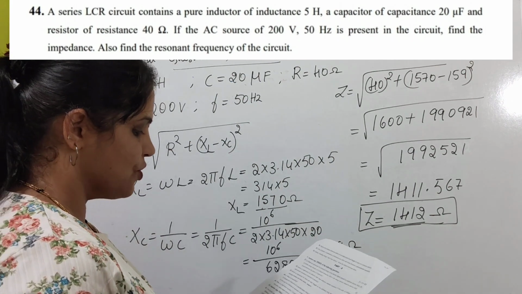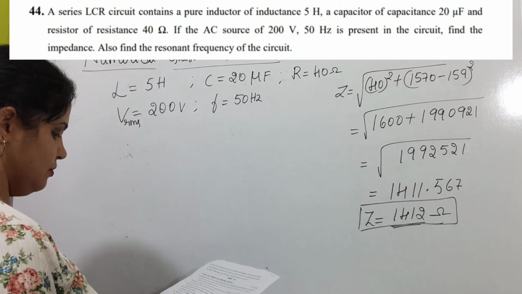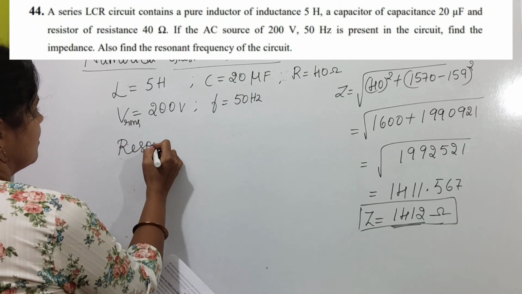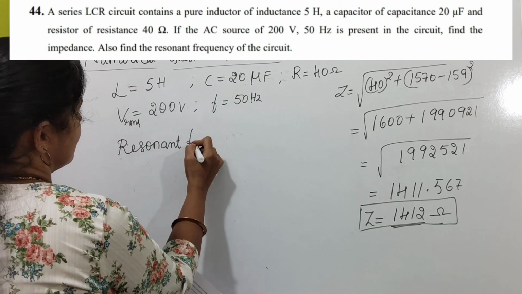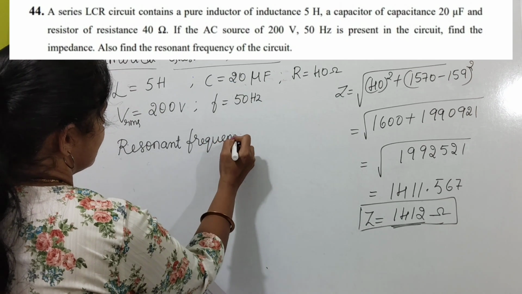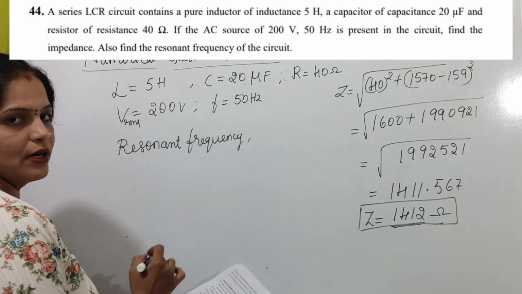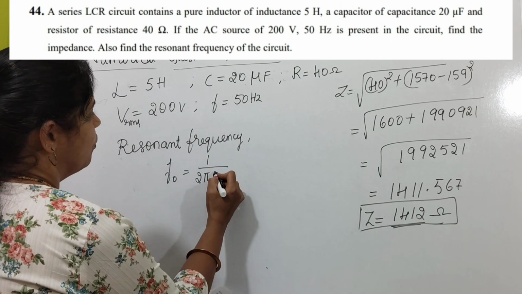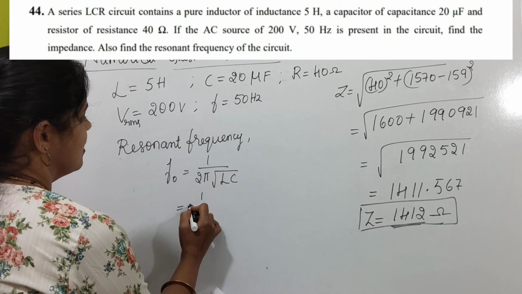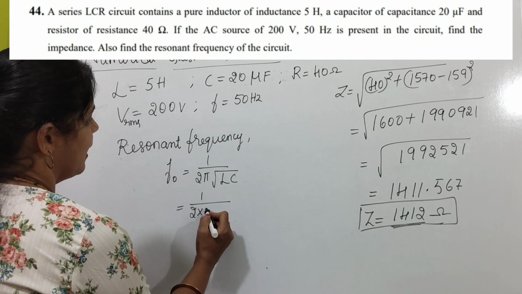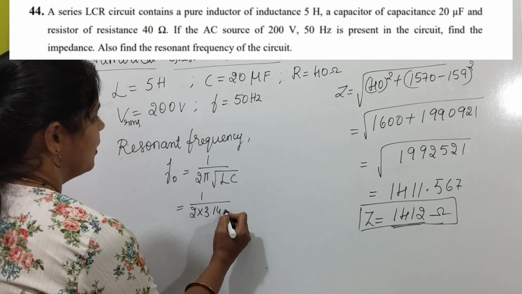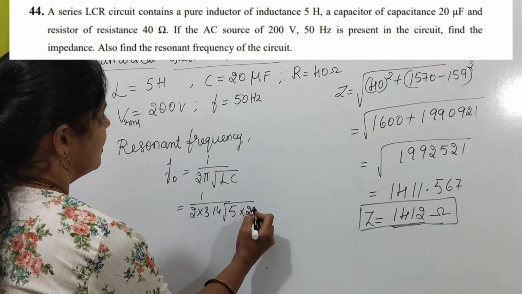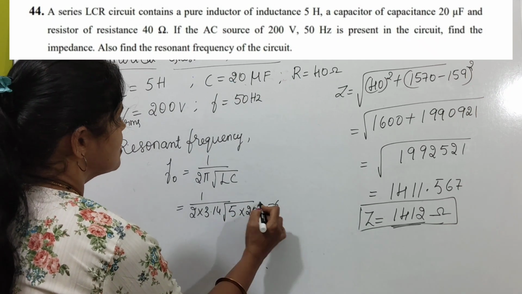Next, also find the resonant frequency of the circuit. Resonant frequency F naught is equal to 1 by 2 pi root L into C. That is 1 by 2 pi, 3.14, into root of L is 5, C is 20 micro, 10 to the power minus 6.